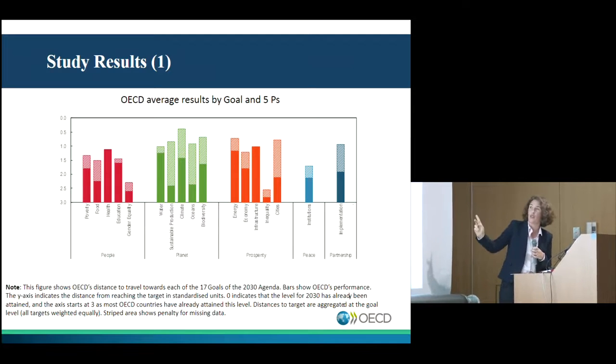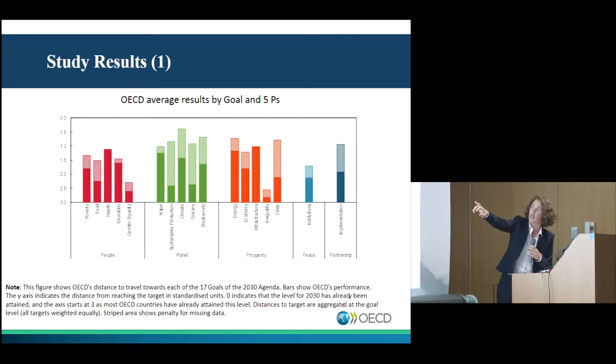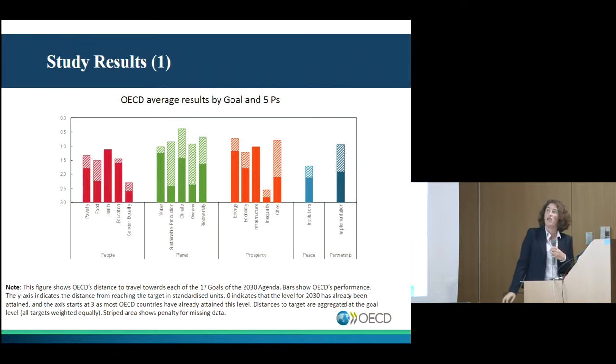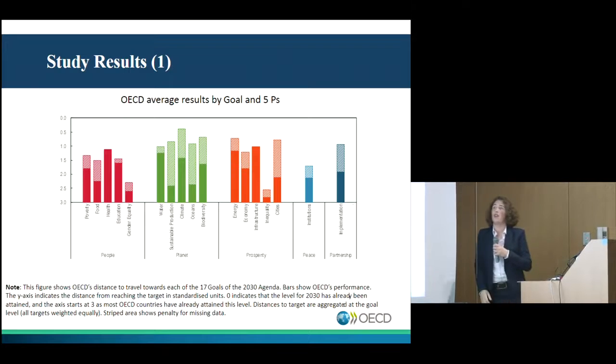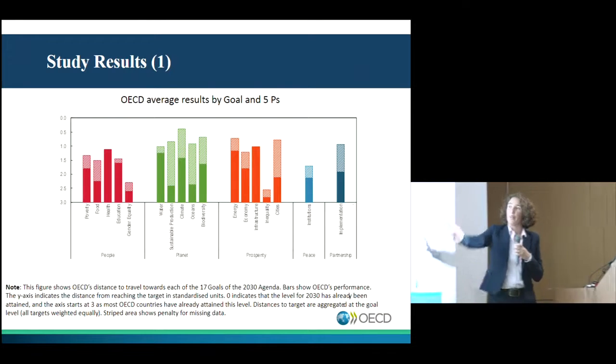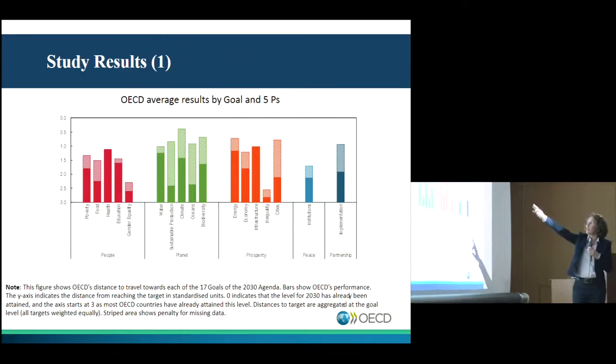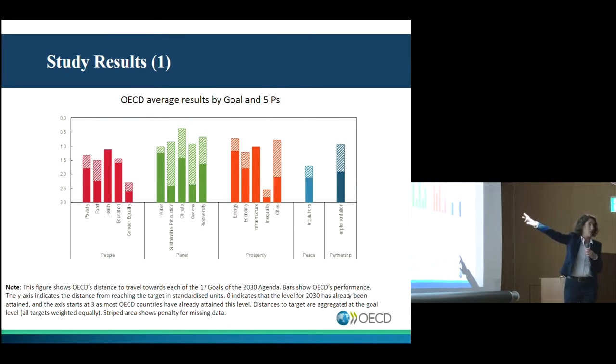Performance isn't so good for OECD countries on gender equality, on the inequality goal, on institutions, that's goal 16. But again, you have to take into consideration these considerable data gaps. So while the goals relating to planet look as if they're quite close to being achieved, we actually see that there's a lot of data gaps to fill there.